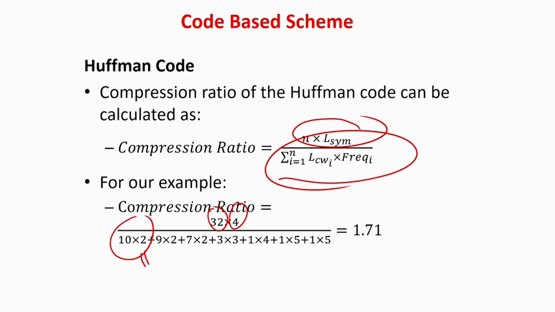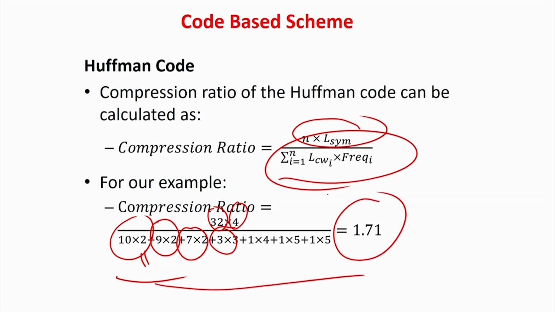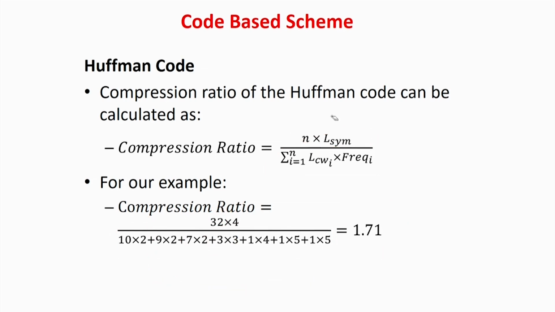There are 9 patterns whose frequency is 9, which will also be encoded into 2 bits. Then 7, with 2 bits. There were some 3 patterns which required 3 bits. If I do all this simple calculation, I will find that the efficiency is 1.71. That means that much less channel width is required. With this simple calculation the compression is there.